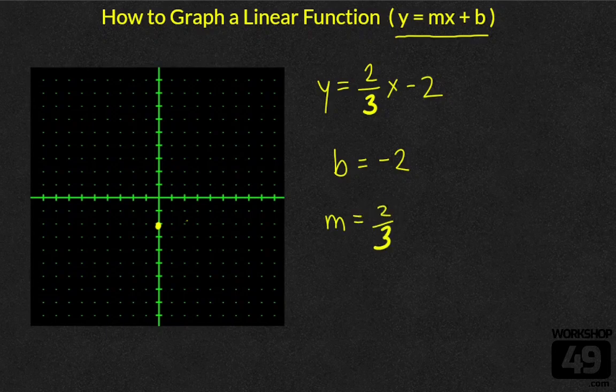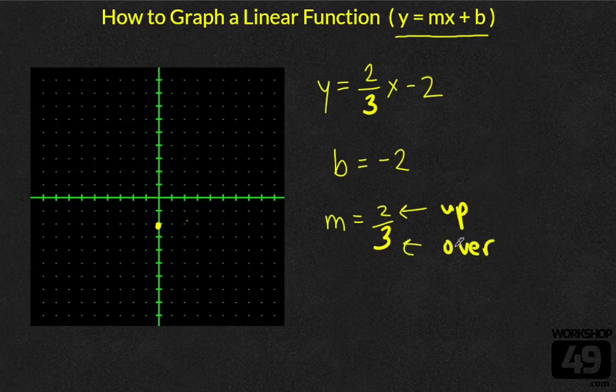Now, I knew there was a shenanigan coming. It's actually true. You could go up 2/3 over 1, up 2/3 over 1, and you will get the correct answer. You can do that. But when you get a fraction like this, rather than trying to go up 2/3 and over 1, there's a neat little trick where the number on top is how much you go up by, and the number on bottom is how much you go over by.